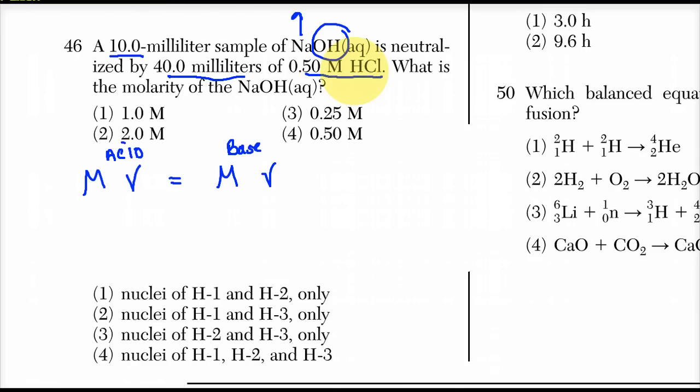There's just one H, and my base is monobasic, so it's a 1-to-1. Now, you might see your teacher writing M of A, V of A, M of B, V of B. That's to show the molarity of the base and the volume of the base. And if you forget this formula, table T is your friend.